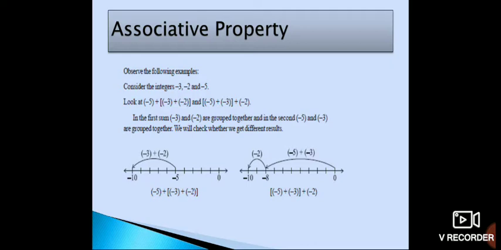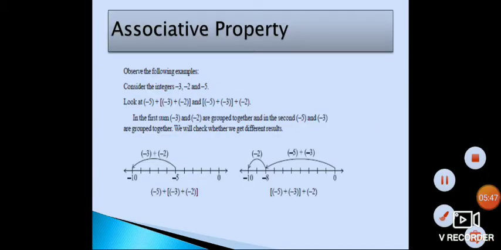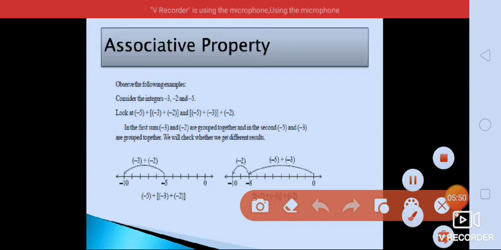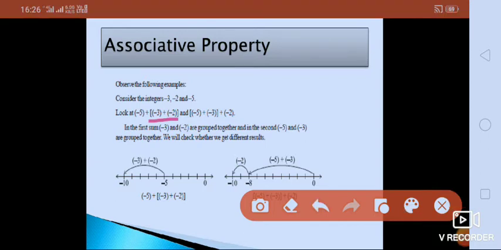Here minus 3 and minus 2 come under one bracket. In the next case, minus 5 and minus 3 come under the second bracket. In the first sum minus 3 and minus 2 are grouped together, and in the second minus 5 and minus 3 are grouped together. We will check whether we get a different result.